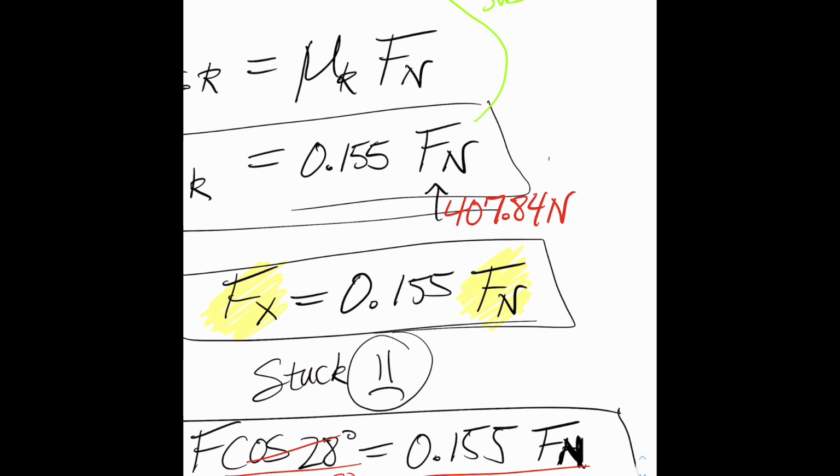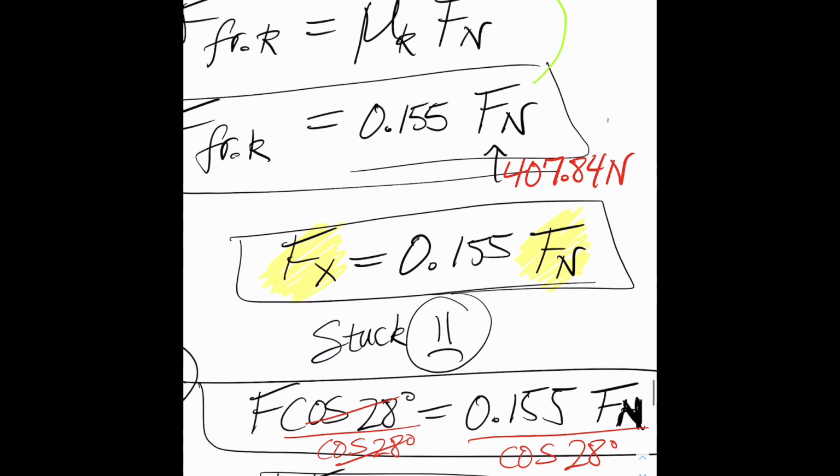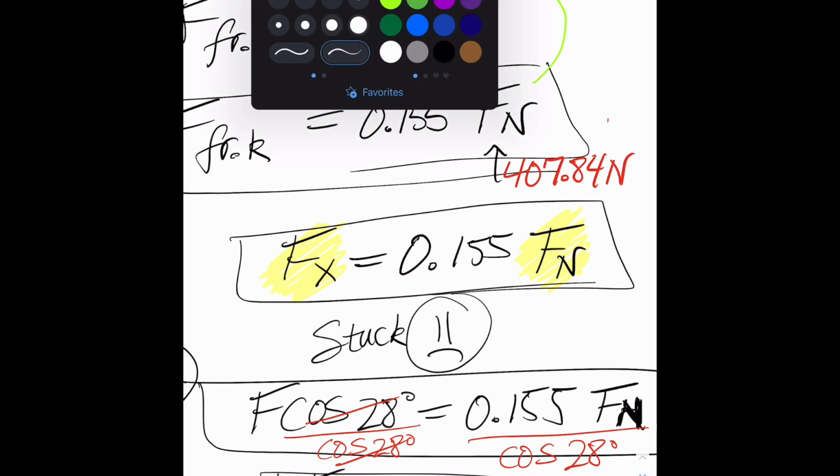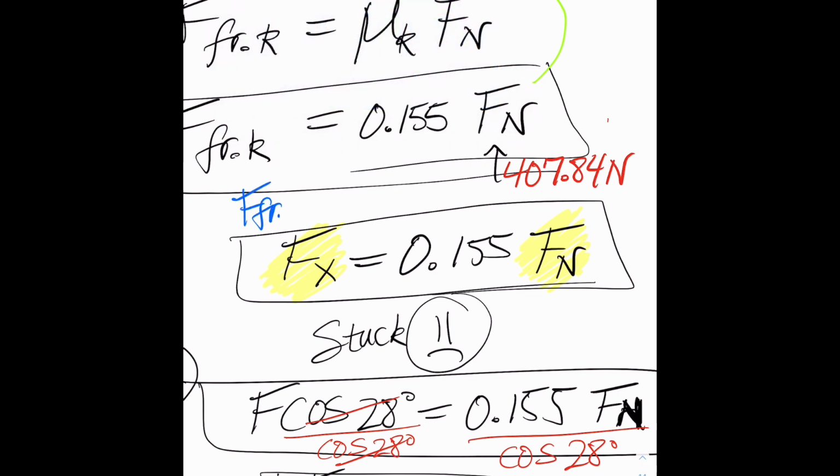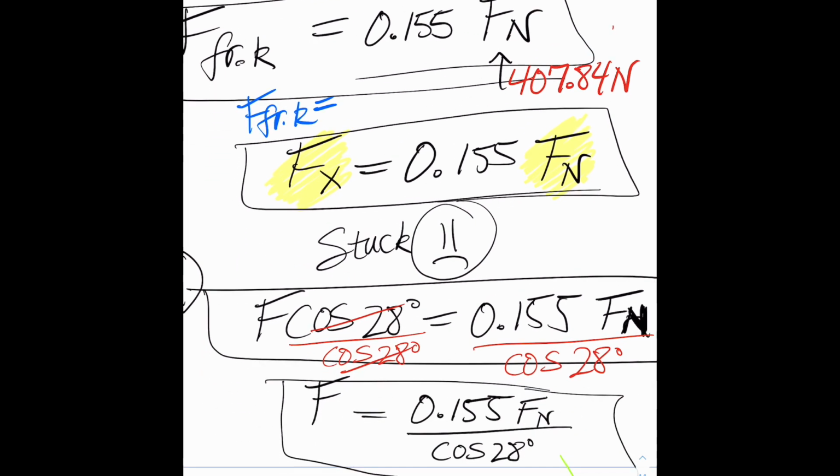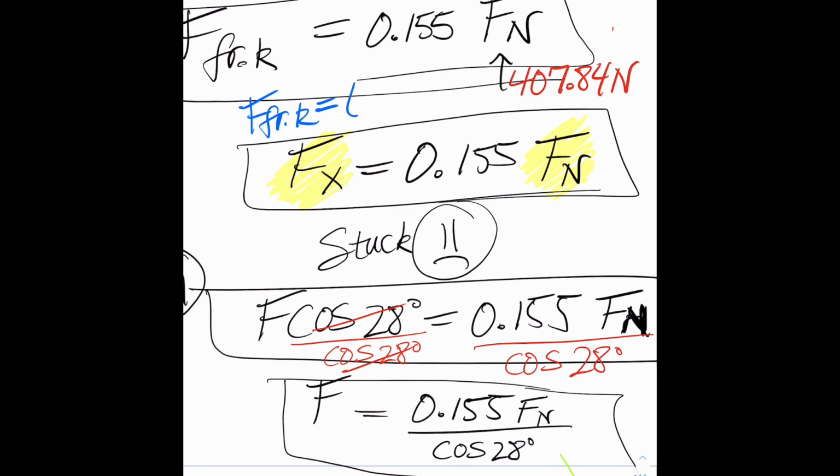And so we're subbing that in, and if we multiply that, we see then that force friction kinetic is equal to that times 0.155, which is about 63.22. So when we multiply those two, all right, and that is our answer for part B.